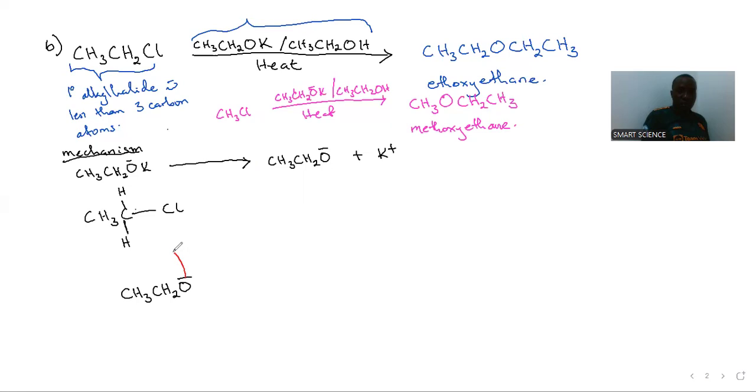As the electrons are donated to the carbon carrying the functional group, then chlorine will be allowed to go with its electrons. Watch the movement of the arrows. In that case, we shall have CH3, CH2 added on oxygen with CH2 and CH3.